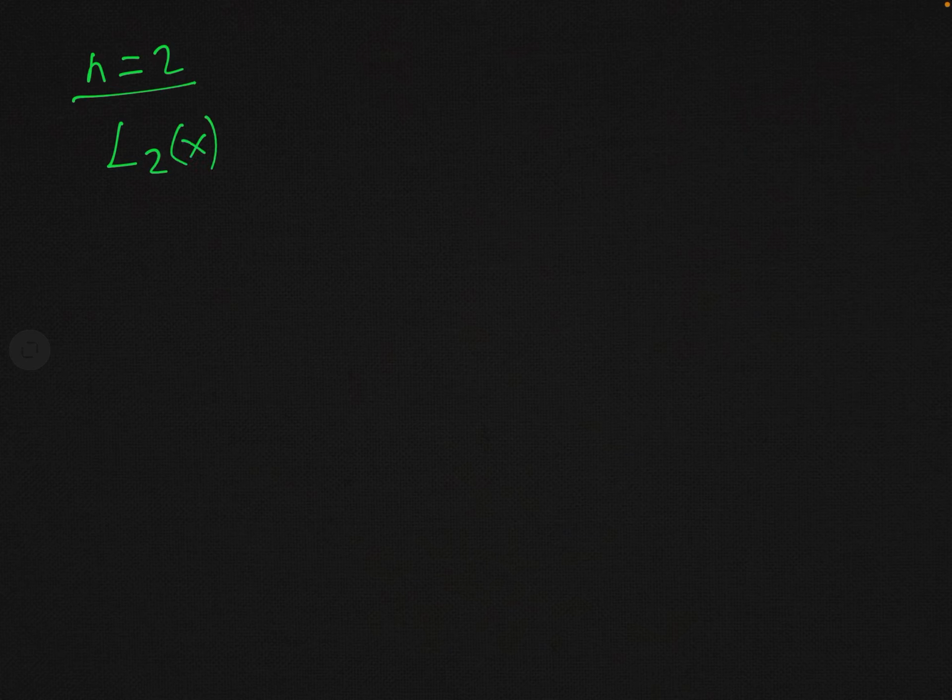Now let us find L2 of x for n equal to 2. For this, the upper limit of the summation will be 2. So in the RHS there will be 3 terms, and we can write L2 of x. This will be equal to what? In the first term, there will be minus 1 raised to the power k.